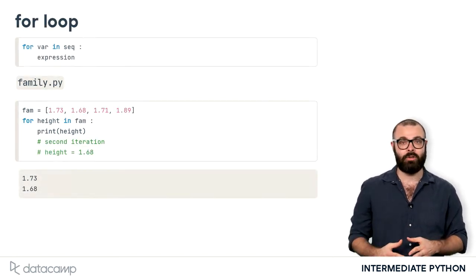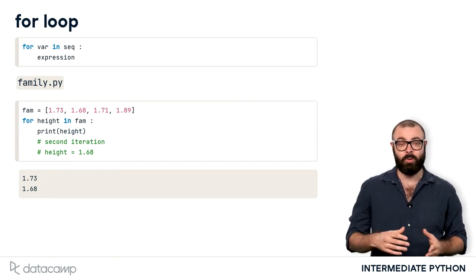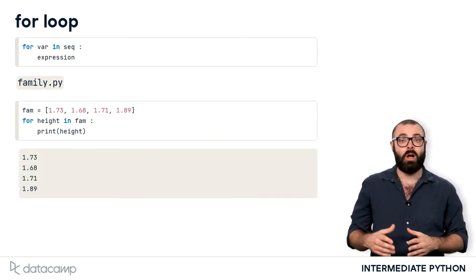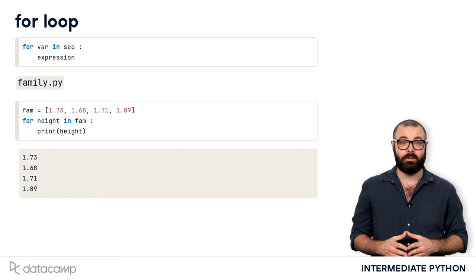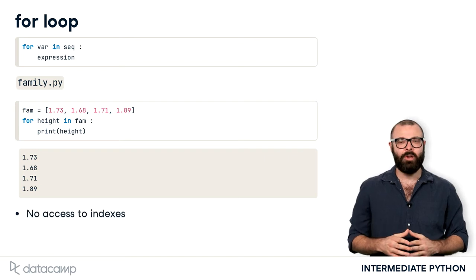In the second iteration, Python stores the second value of fam in height, being 1.68 now, and prints out height again. This process continues until all heights in fam have been iterated over, and we end up with 4 separate printouts. Great!